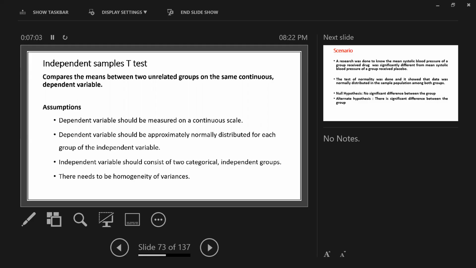So what are the assumptions for the student's t-test or independent sample t-test? The dependent variable should be measured on a continuous scale. So here there are two variables, dependent and independent variable.